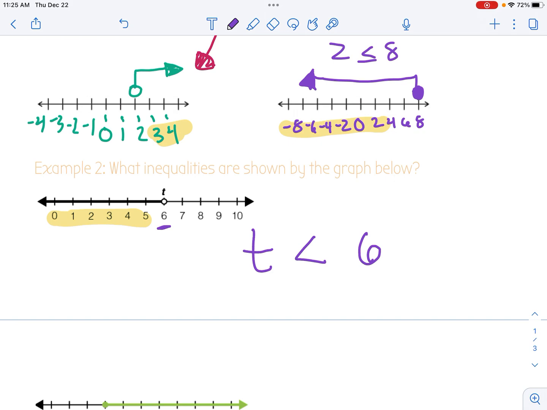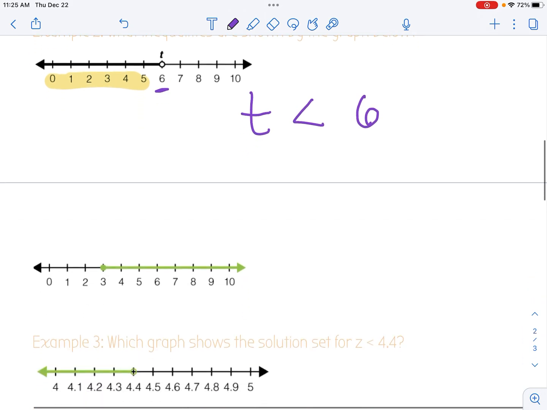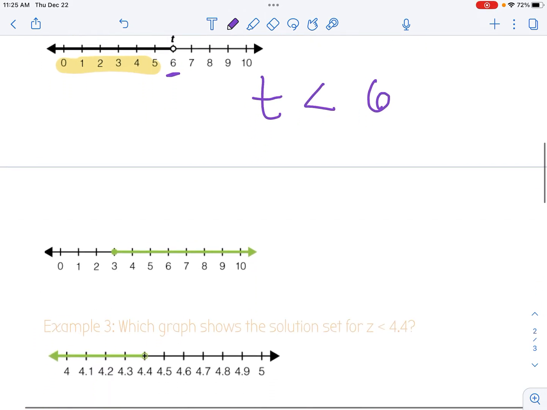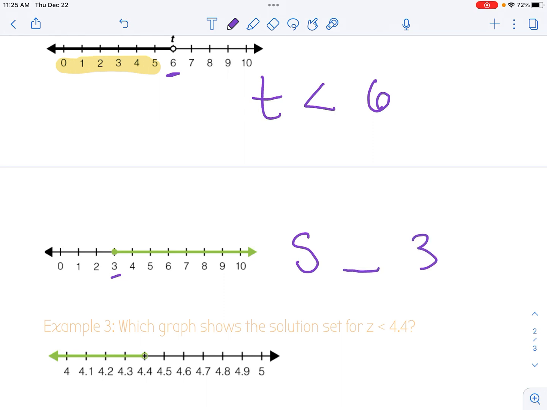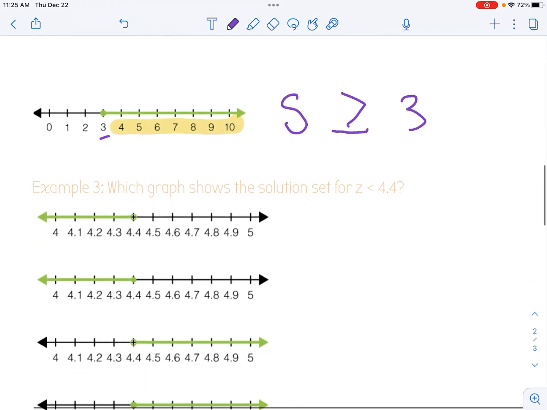So t is less than 6. For our next one, no variable is given, so I'm going to use s. My circle is on 3. It is closed, so I'm going to include an equal sign, and all of my numbers are bigger than 3. So s is greater than or equal to 3.